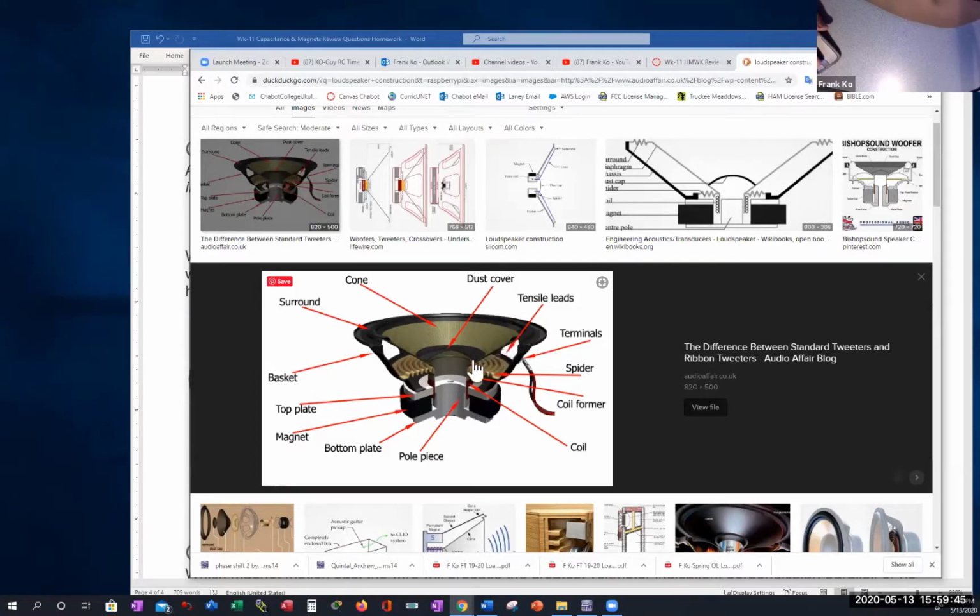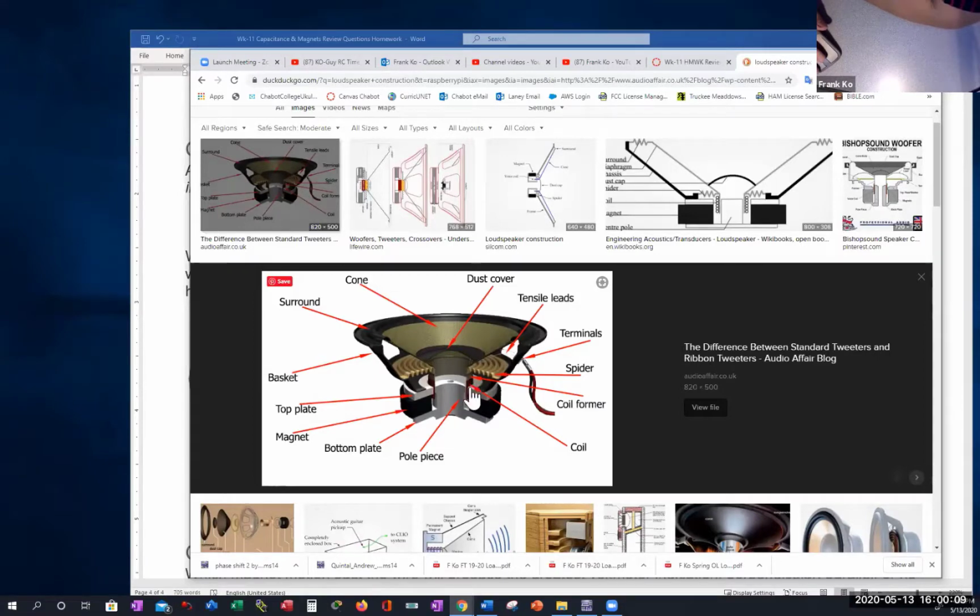This cone comes down to a cylinder. That cylinder happens to have wires wrapped around the cylinder. It's like a toilet tissue roll. Imagine a toilet tissue roll. It's a paper cylinder. And wrapped around, that cylinder is glued onto the end of the cone. And around that cylinder happens to be windings of wire, which we call the coil.